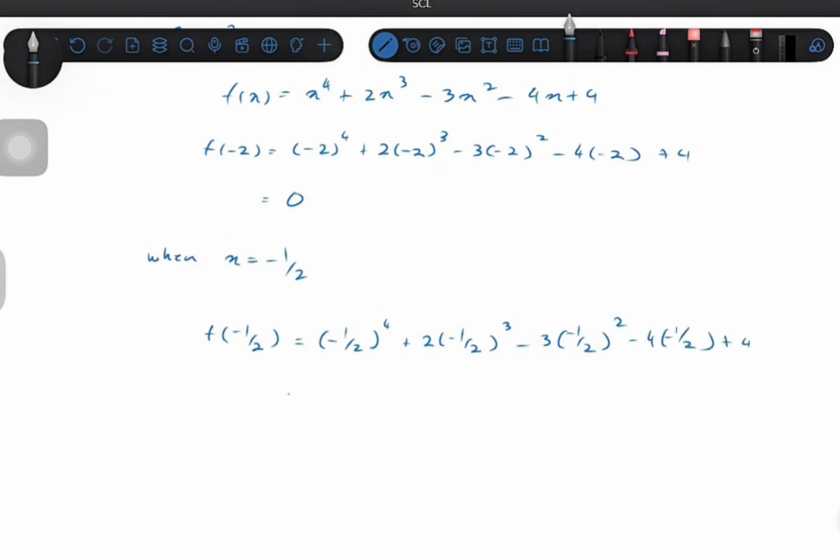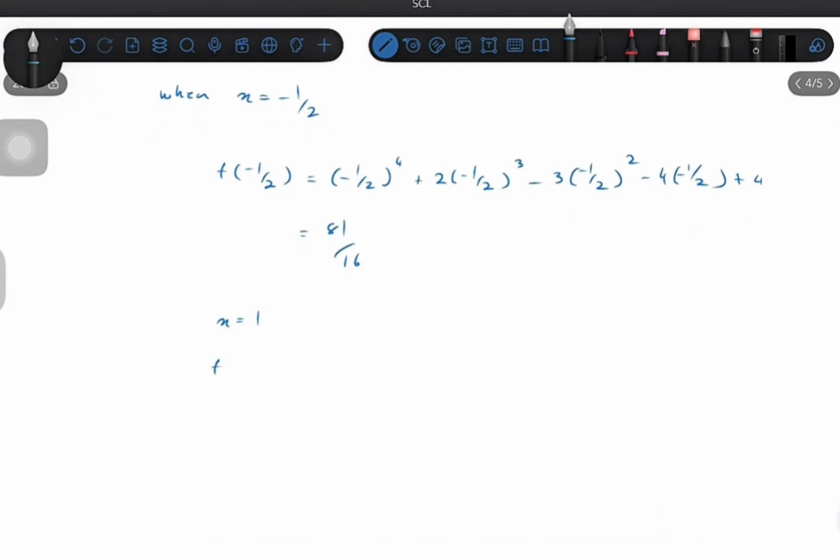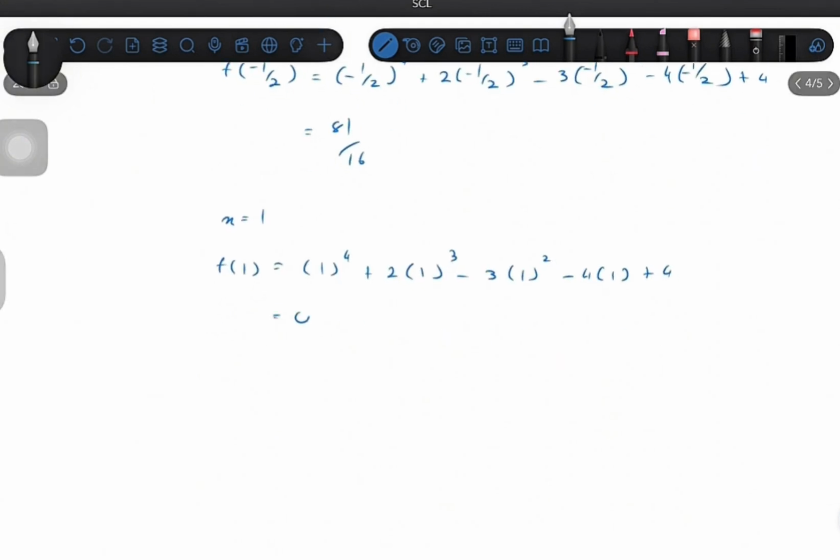The answer is 81 over 16. And lastly, when x equals 1, f(1) equals 1^4 plus 2(1)^3 minus 3(1)^2 minus 4(1) plus 4. We get the answer 0.